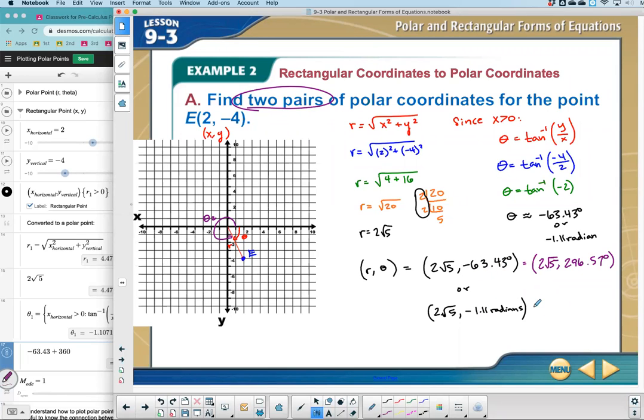And if I wanted it in radians, I would need to add 2 pi. So let me put that note here. That was theta plus 360, and now here theta plus 2 pi to get this one.